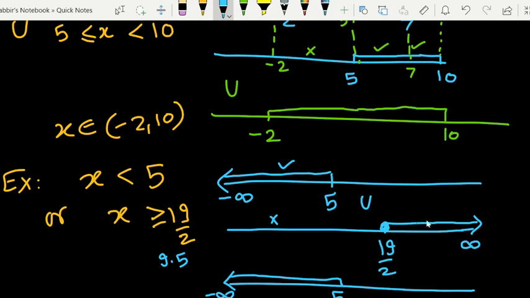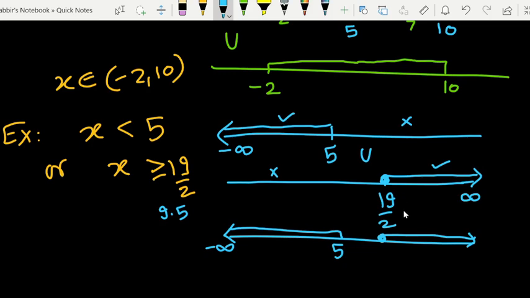Now 19 by 2 to infinity is there here, but here there is no value. So we will take 19 by 2 to infinity here. Either you draw it or you can do it directly by dropping a perpendicular. So 19 by 2 to infinity. So this is the union of the two inequalities.